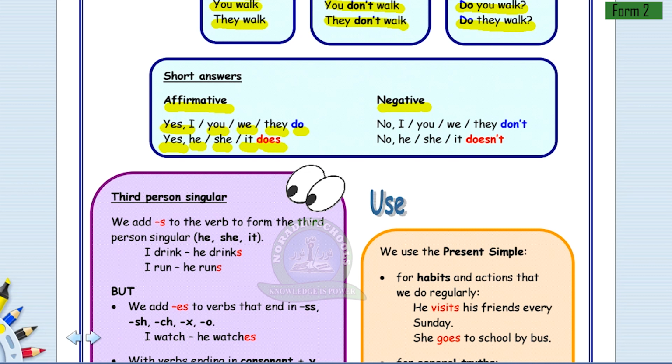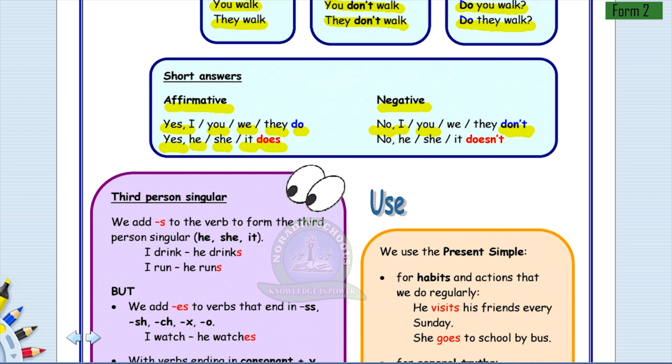But here we have when it is negative. For example, I don't go anywhere, I stay at home and I spend all of my time at home. So I say to you, do you go to school? No, I don't. No, you don't.